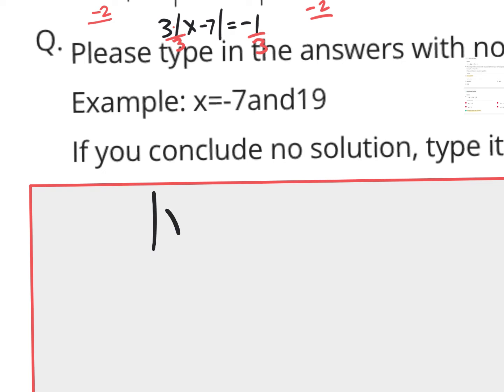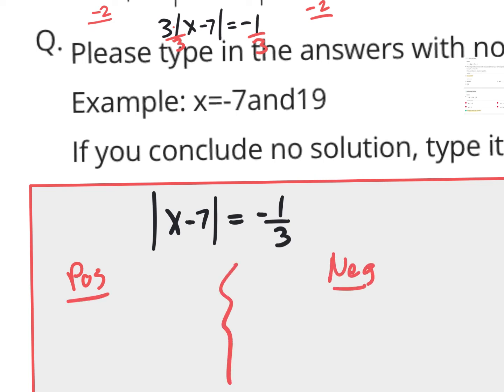The absolute value of x minus 7 equals, now I know some of us are thinking, oh, we can't divide 1 by 3. That's okay, leave it like a fraction. After all, a fraction really means division. That negative 1/3 really means negative 1 divided by 3, kind of like we have up here. Anyway, do we move on and do the positive situation and the negative situation?